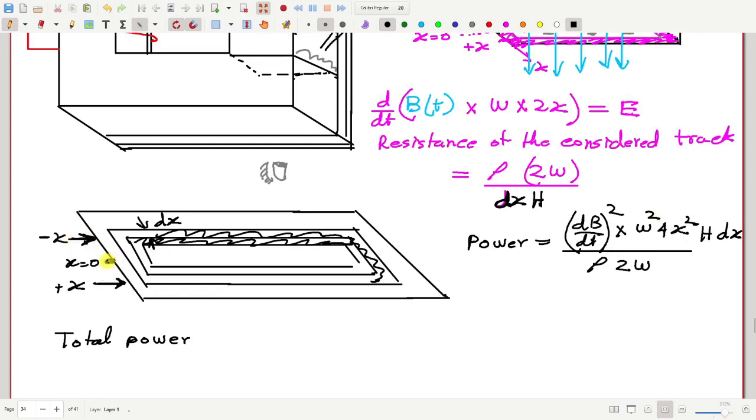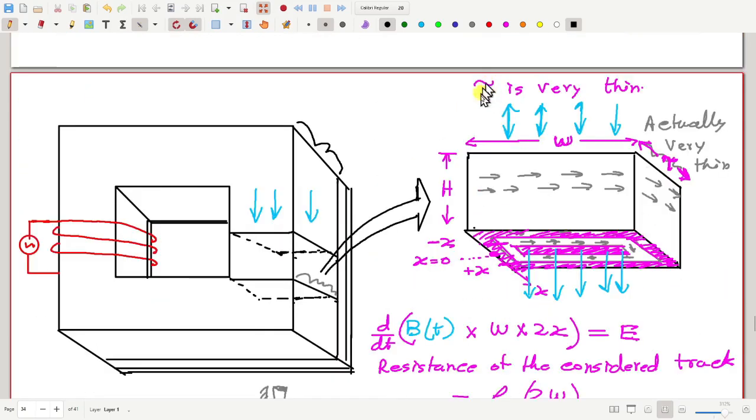Starting from x equal to 0, and how much can we go? This will be tau by 2, and this will be minus tau by 2, because the thickness of this lamination is tau.